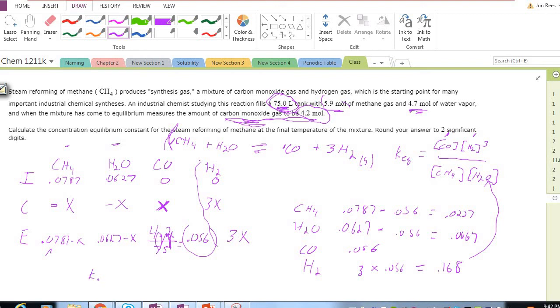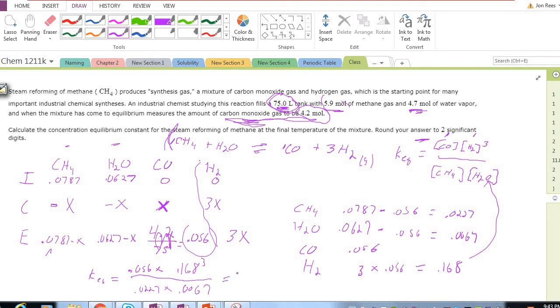So K equilibrium is going to equal the concentration of CO, which is 0.056, times the H2 concentration cubed, 0.168 cubed, divided by the concentration of CH4, which is 0.0227, times the concentration of the water, which is 0.0067.